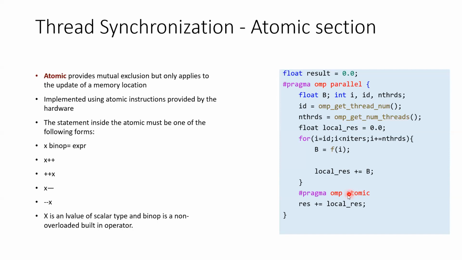Without support of an atomic instruction, there are 3 instructions: you load the local value, you add it, and then you store it. If you use atomic, it's a single short instruction.